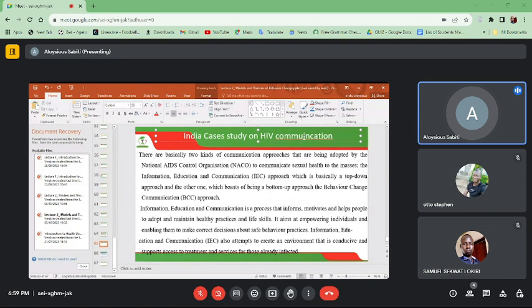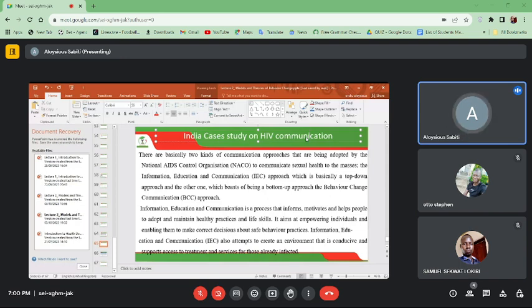India had a high number of HIV infections, and therefore they adopted a two-approach kind of method to handle their situation.